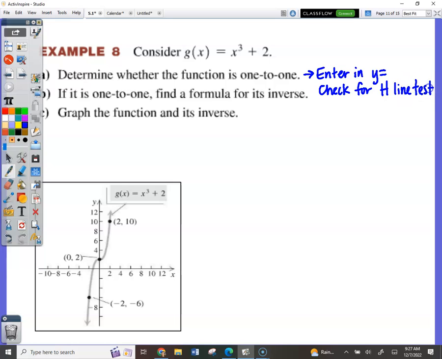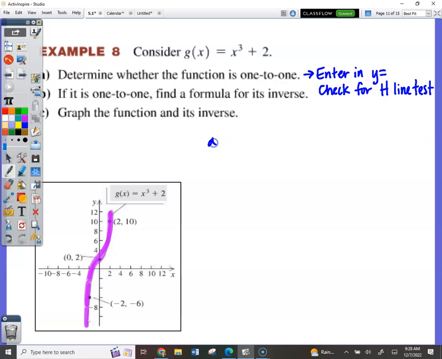You're checking the graph to see does it pass the horizontal line test. Now, I already graphed it for you on here. The one you need to focus on is this curve right here that you can see on mine. Okay? That's the original. Does that pass the horizontal line test? Then the answer is yes, it's 1 to 1.